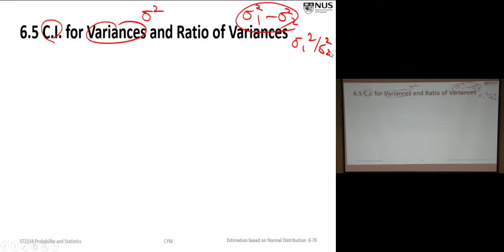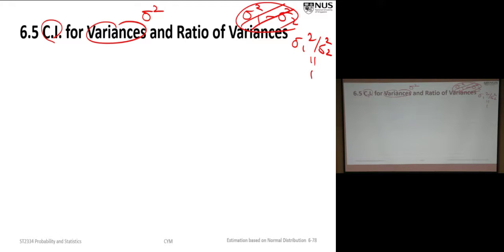In fact, our main concern is whether sigma 1 equals sigma 2. If you try to find the confidence interval for sigma 1 square minus sigma 2 square, it's to check whether sigma 1 square minus sigma 2 square equals 0. But it's the same effect if I find out whether the ratio equals 1 or not.